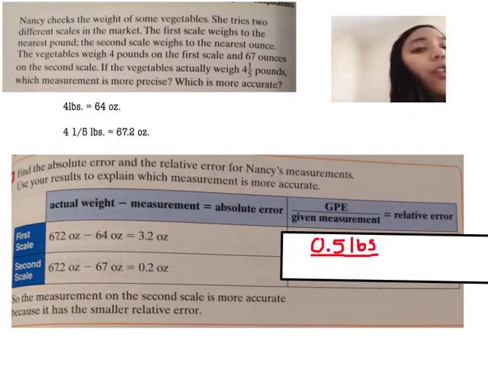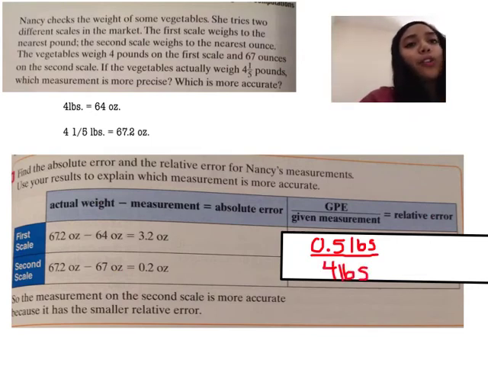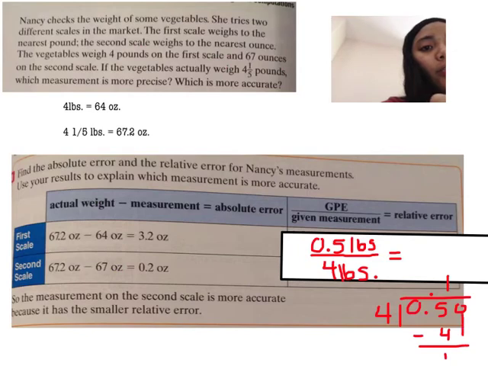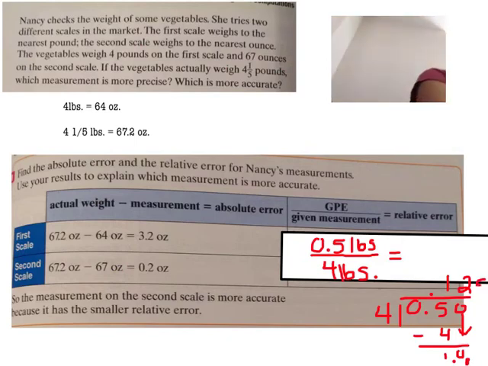So I'm going to do the first scale with you. First scale is the GPE, the greatest possible error, which is always going to be a 1/2. So that means I can put 0.5 pounds, 1/2 pound, divided by the given measurement.